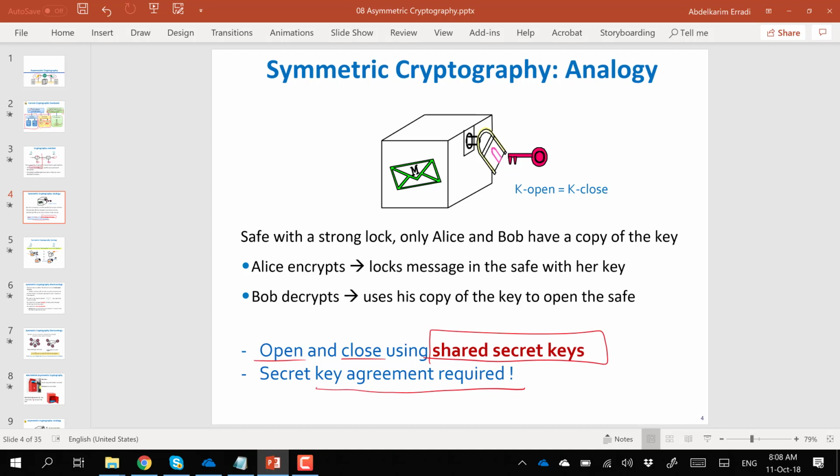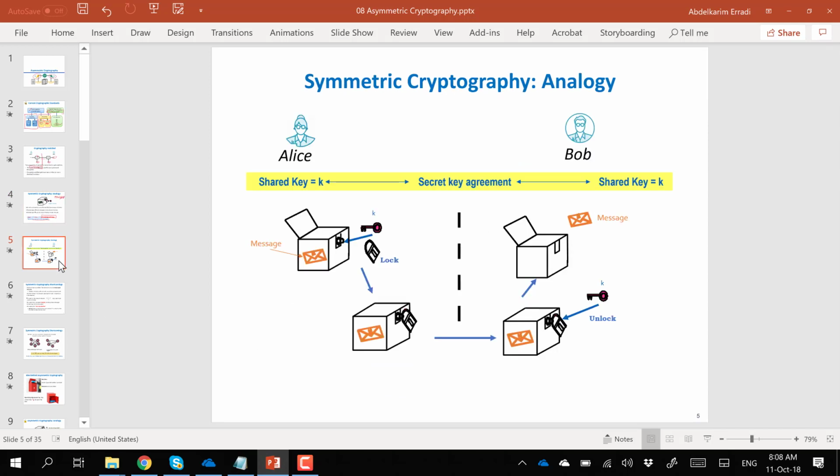We had to wait until 1976 when Diffie-Hellman came up with the Diffie-Hellman algorithm to exchange the secret key. And we have seen this in detail last time. This is exactly what I just described. So we use some kind of protocol such as Diffie-Hellman to establish and agree on a shared key.